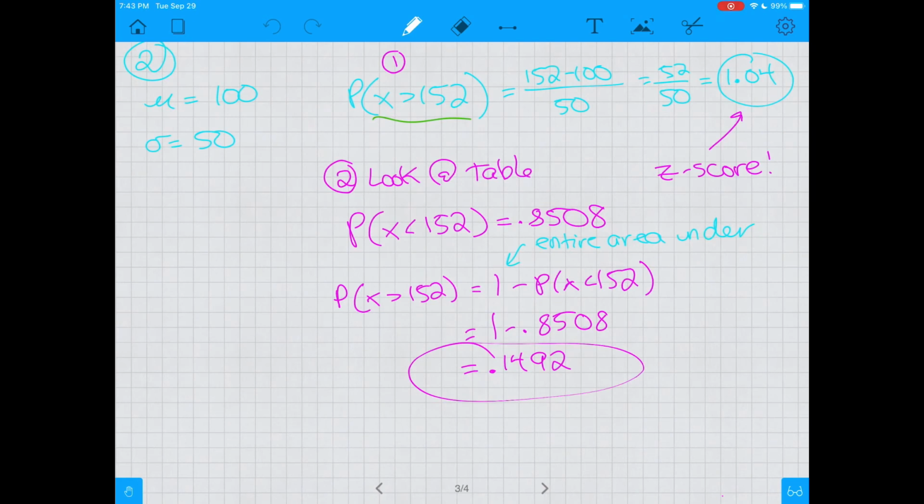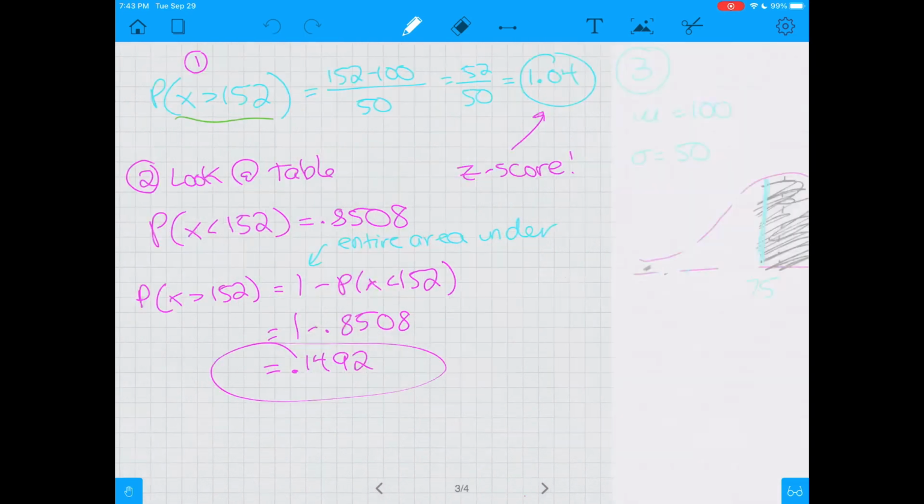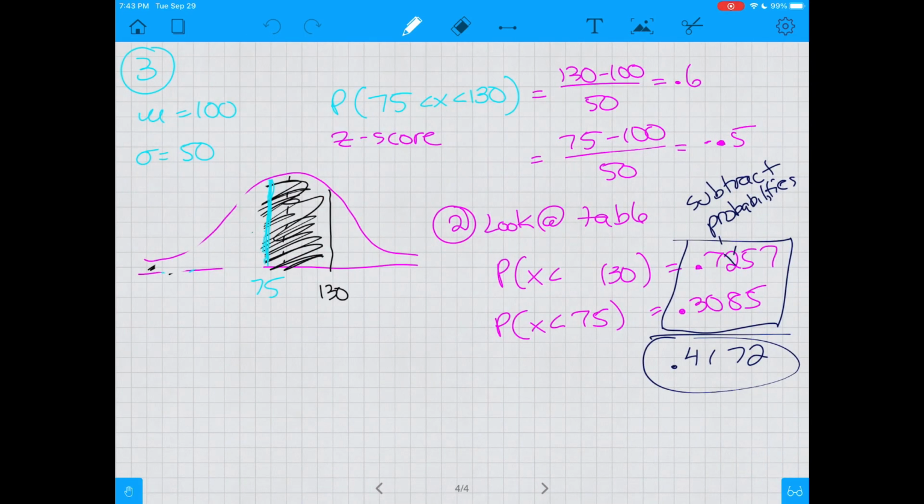Then I do basically the same thing, but once I find the value from the table, instead of just taking it, I do 1 minus, so that I get the other side of the curve. And lastly, what if I'm stuck between 2 values? The big key is, get the z-score for both, get the probability for both, and then subtract the probabilities, not the z-scores.